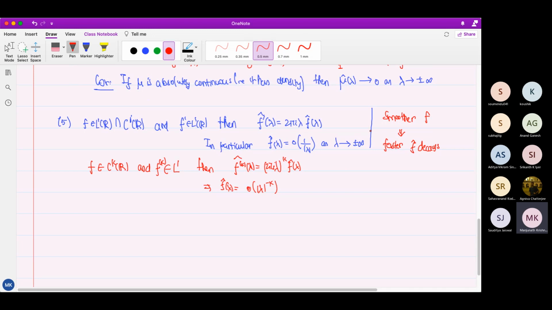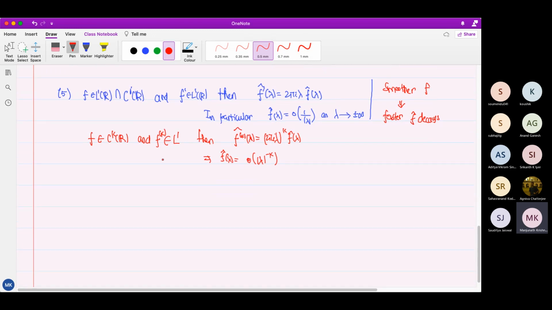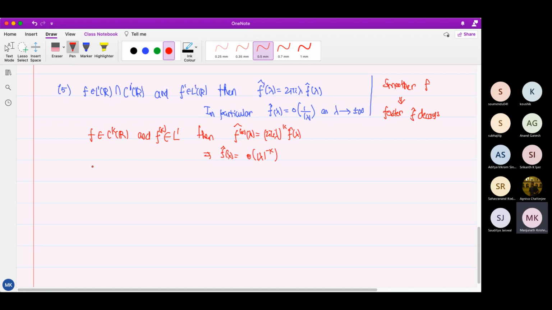Because this has to vanish. So the smoother f is, the faster this is. Okay. And the converse type is also true.